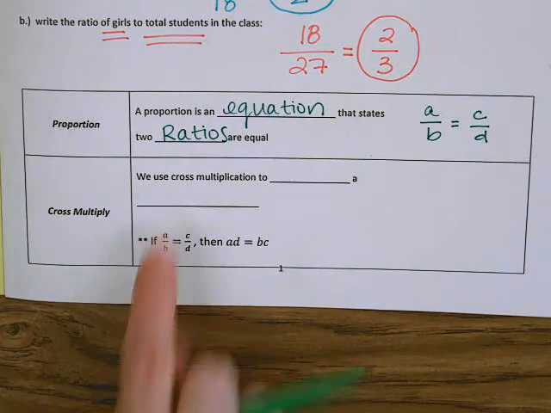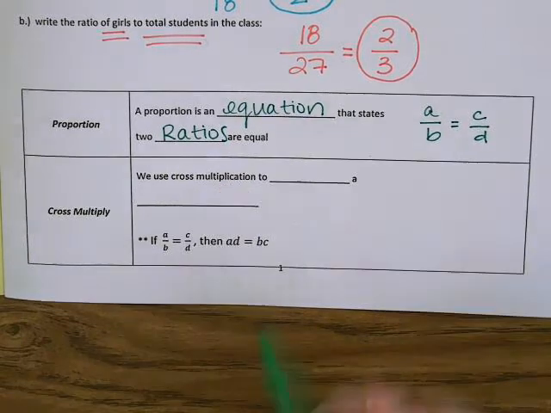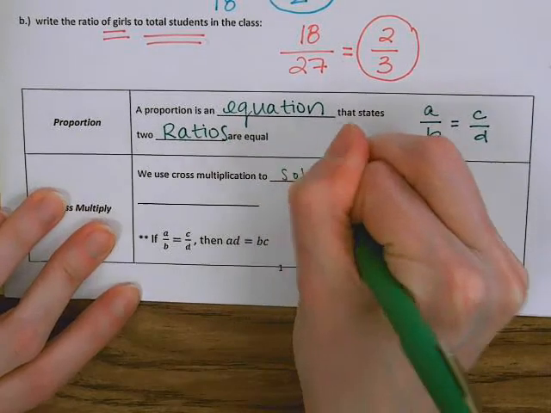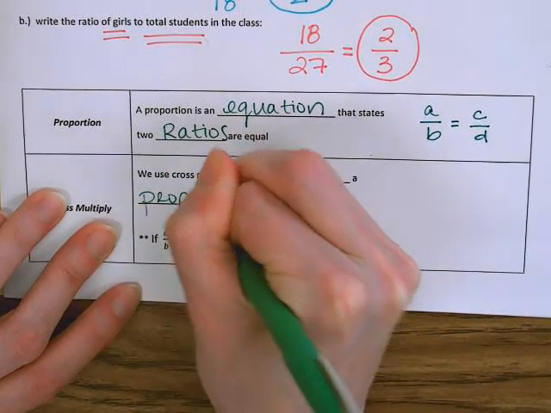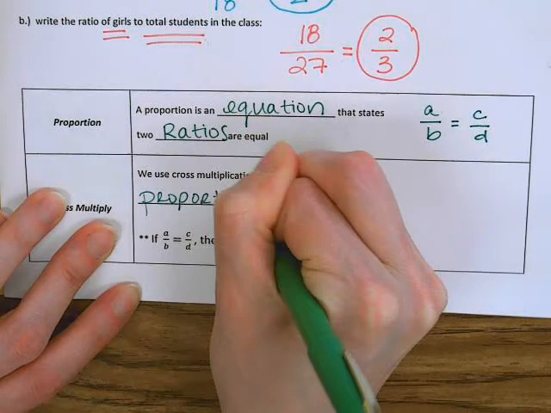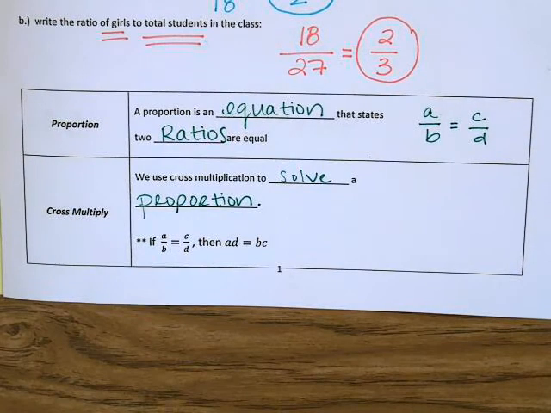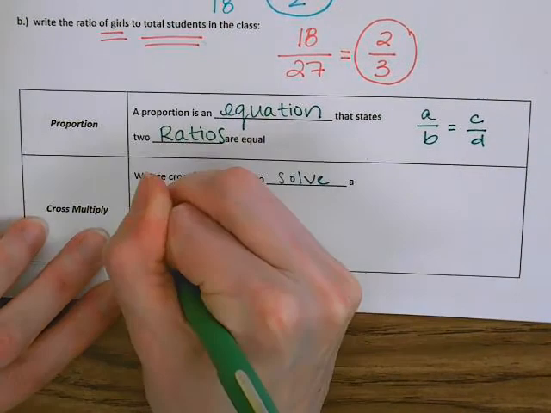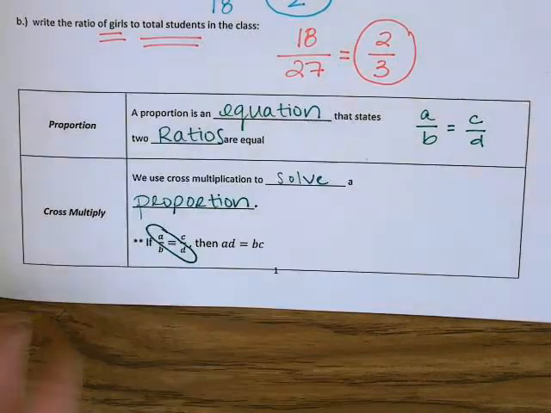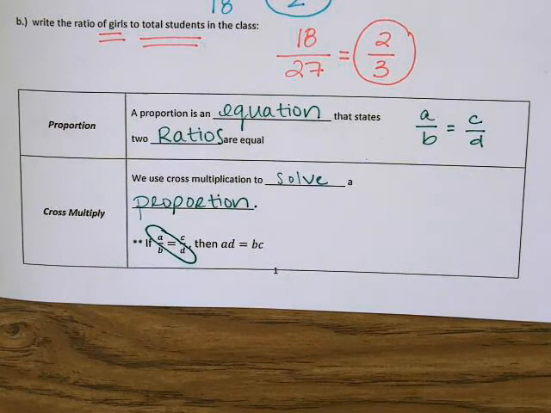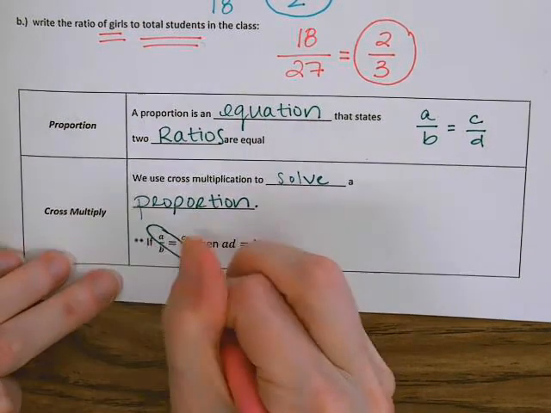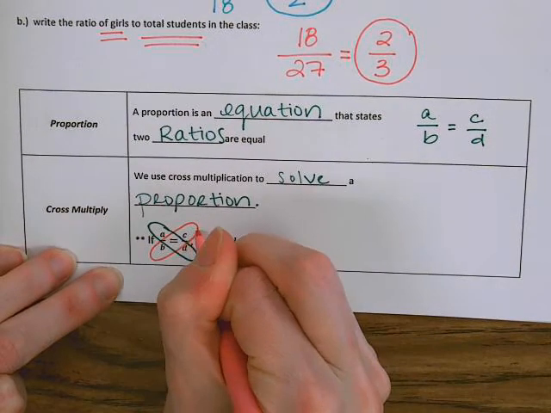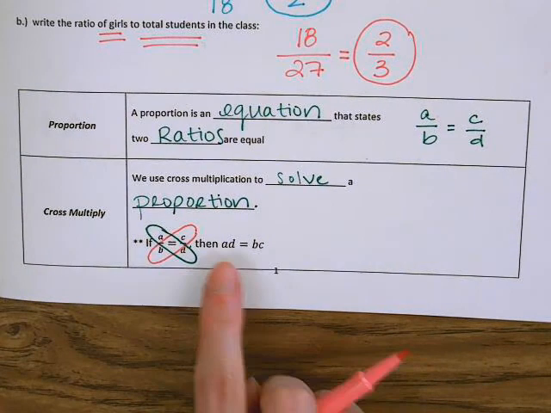And we use this thing called cross multiplication to solve a proportion. If you ever have two ratios equal, you do this thing called cross multiply. So A times D equals B times C. And then you solve from there.